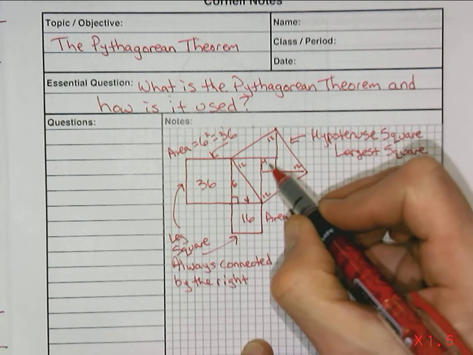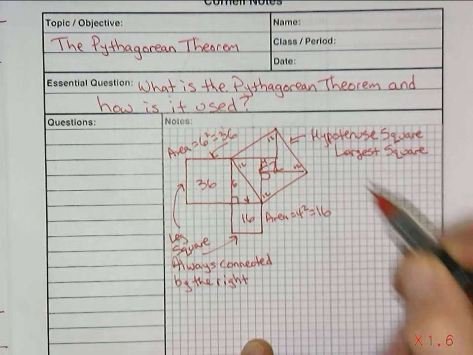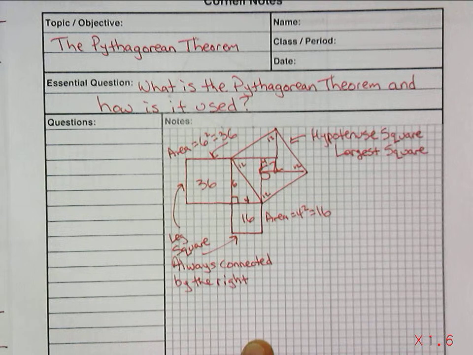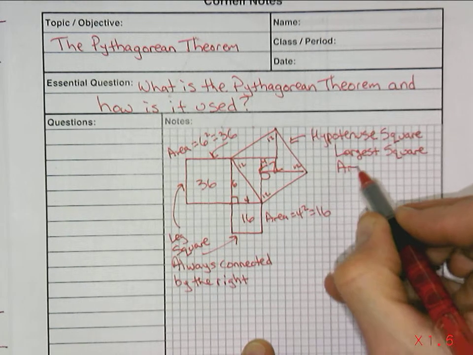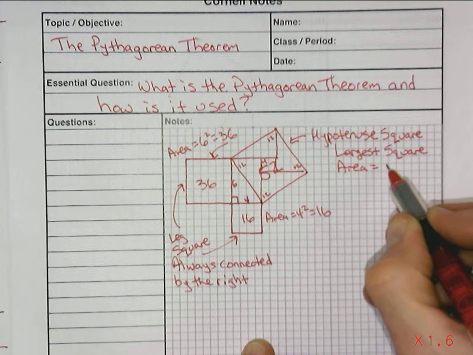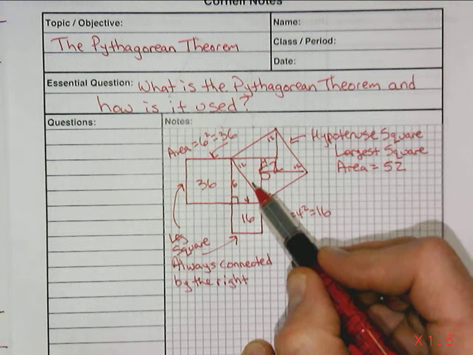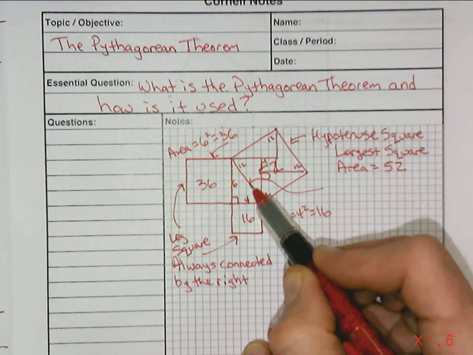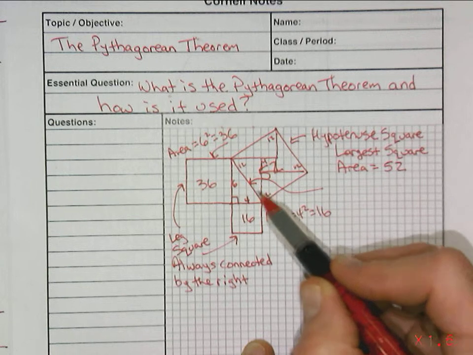So the area of this whole square is 52 square units. And so that largest square's area equals 52, which means that the length of the hypotenuse side of the triangle, since this is the hypotenuse square, that's the hypotenuse side right there.